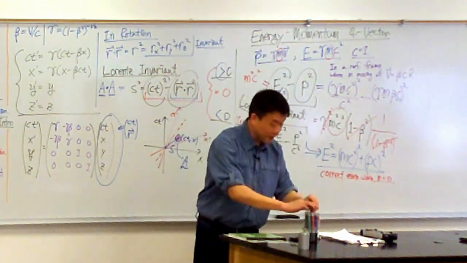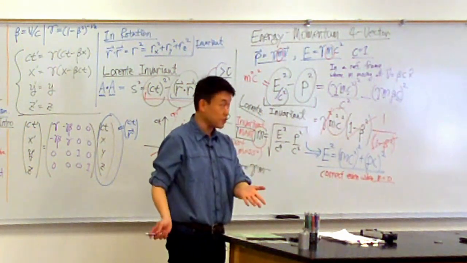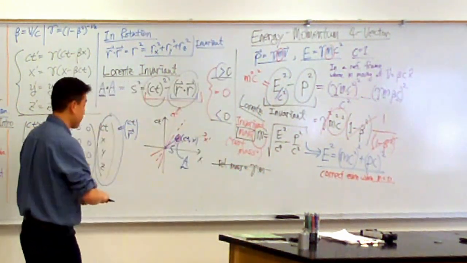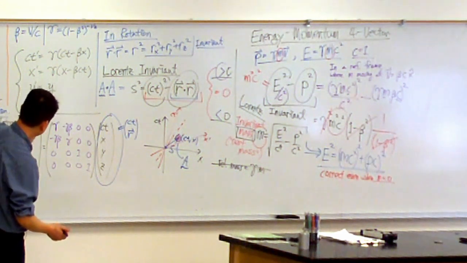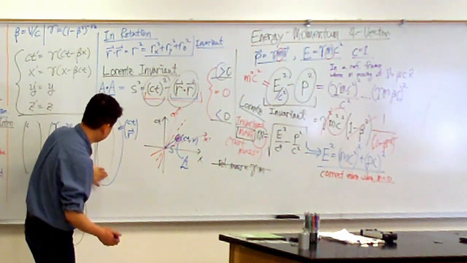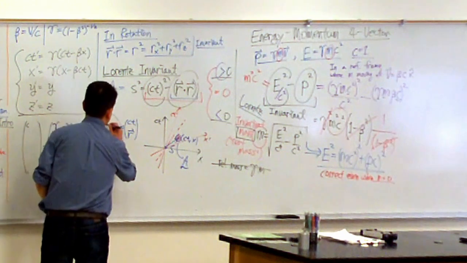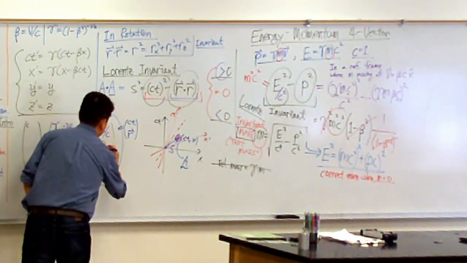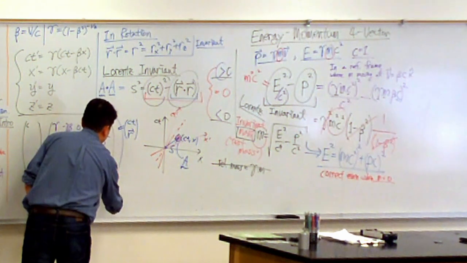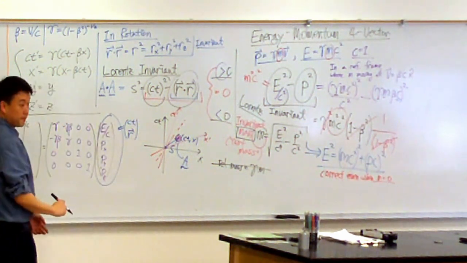So let me give you the Lorentz transformation for energy and momentum. I can take this out and replace them with the time component, E over c, and the x, y, and z components of momentum.